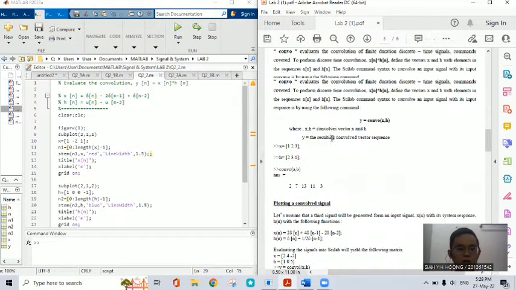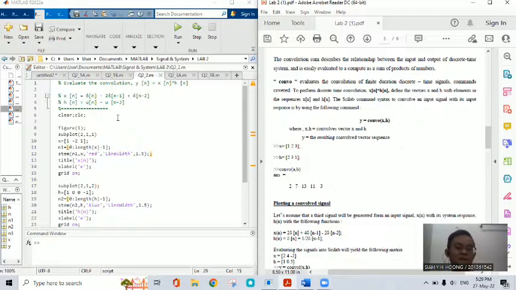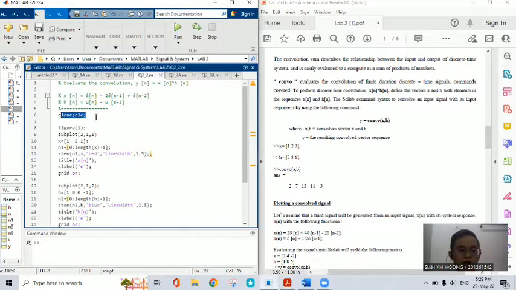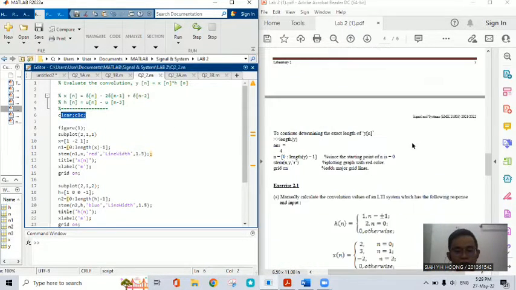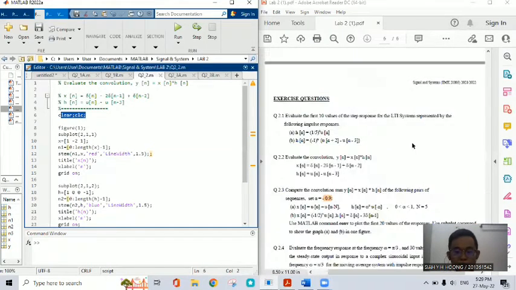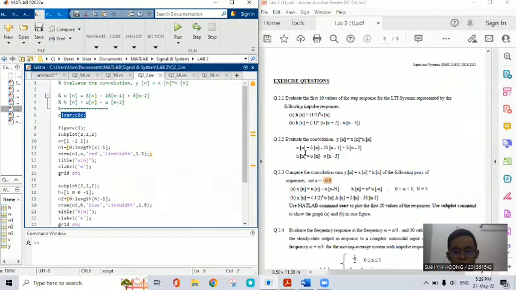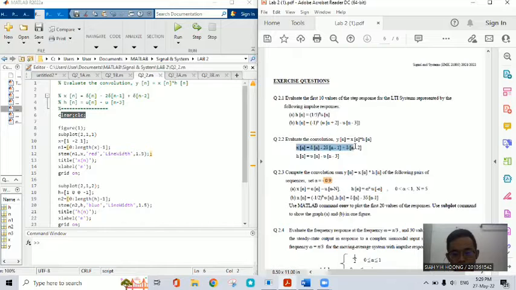Before we code anything or run any program, we have to clear our cache first. After that, we analyze the given formula. So this is the X signal expression, and this is the impulse response expression.